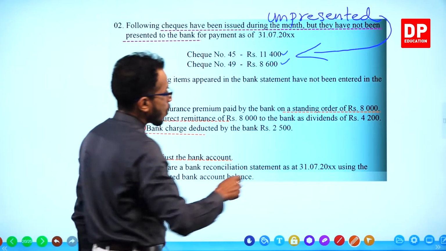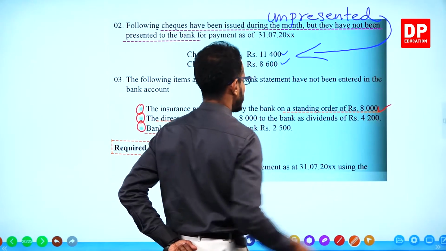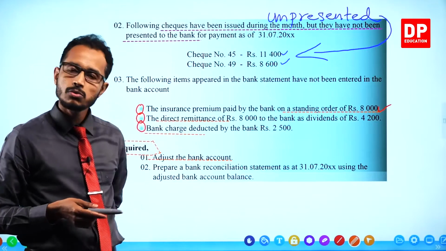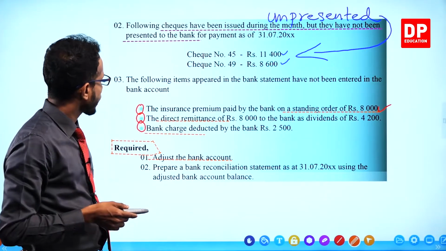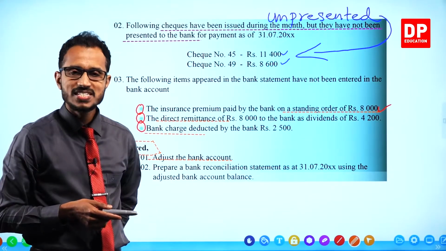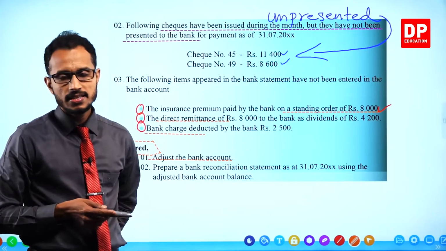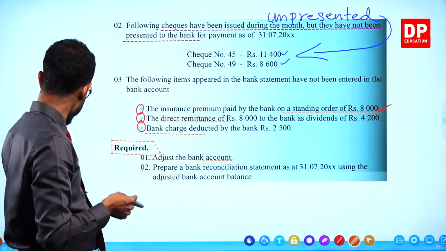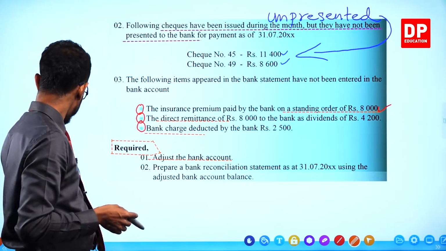First, standing orders. All right. We have a standing order of 8,000. Should be entered in the adjusted bank account. Which side, children?